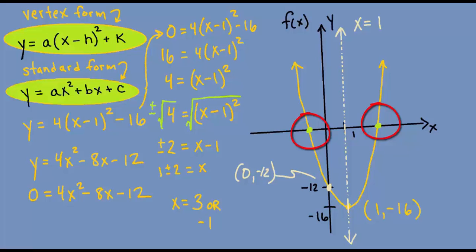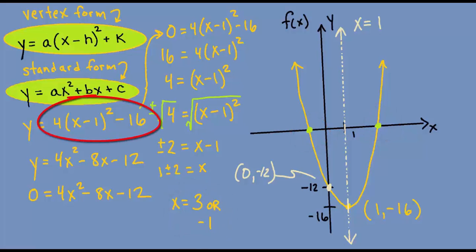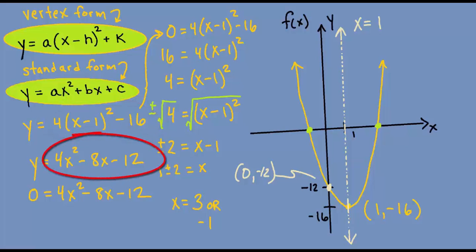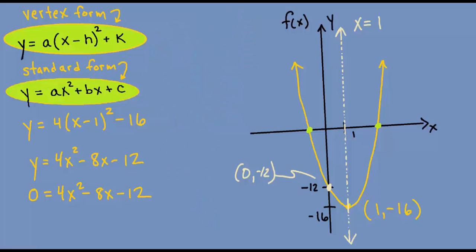Notice that 3 and -1, those x-intercepts, which are important points for a parabola, you don't see them anywhere here in the vertex form. Nor do you see them over here in the standard form. We don't see 3 or -1. There is a form, though, where you can see the x-intercepts right in the equation, and that's what we're going to talk about now. All right, so I'm going to make some space here.